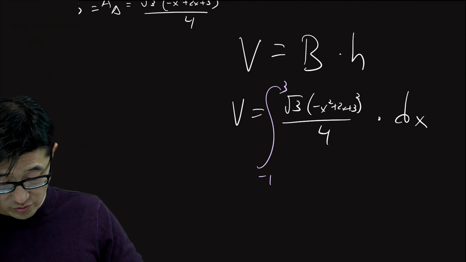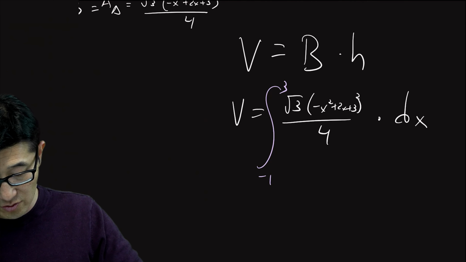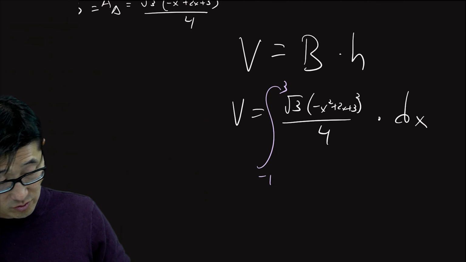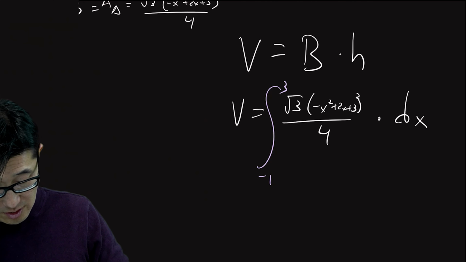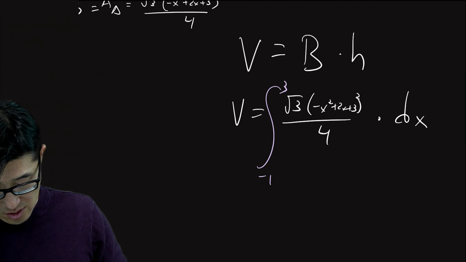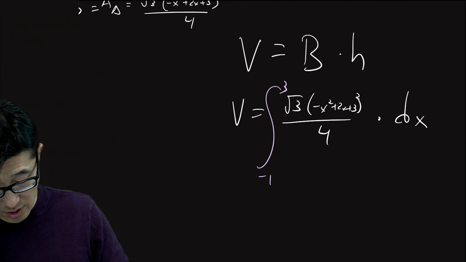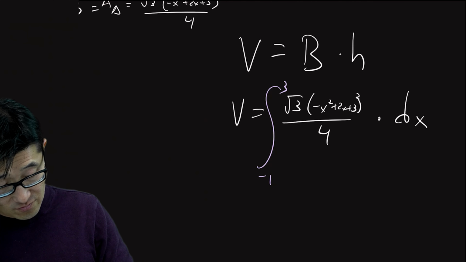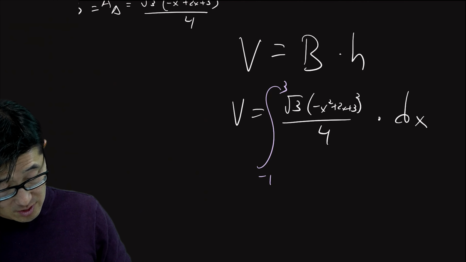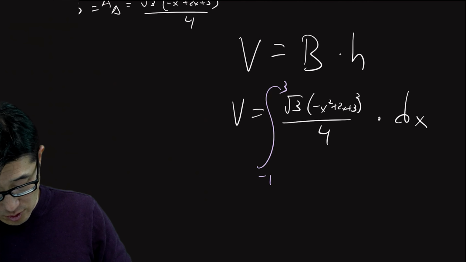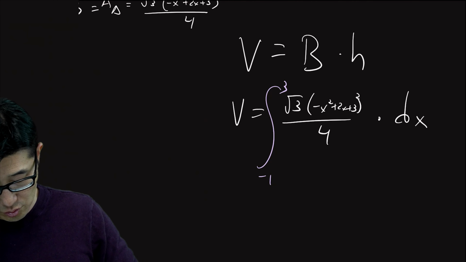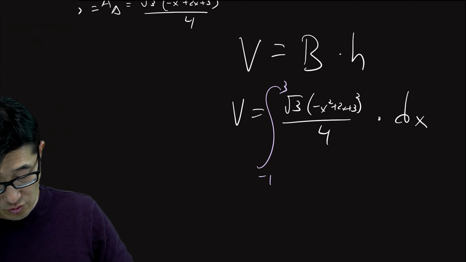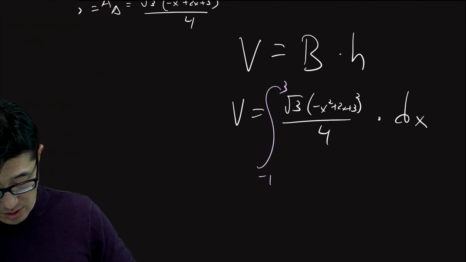Okay, this is always nerve-wracking because I think I did it right, and then you plug it in wrong and you get the wrong answer. You've got to start all over again. So here's lower bound negative 1, upper bound 3, and then square root of 3, left parenthesis, negative x squared plus 2x plus 3, and dx.